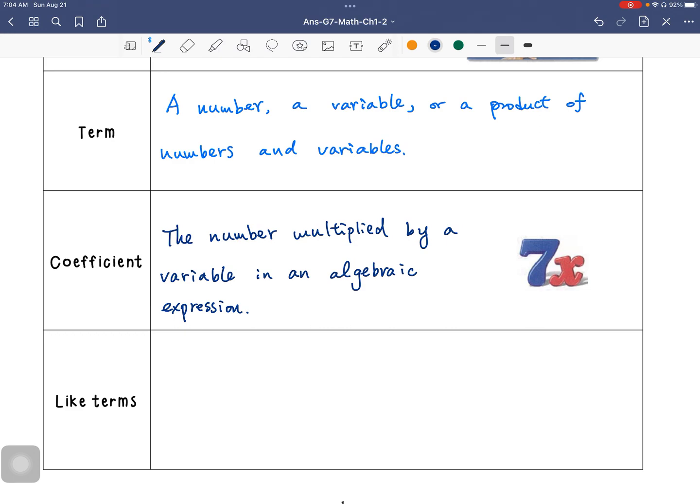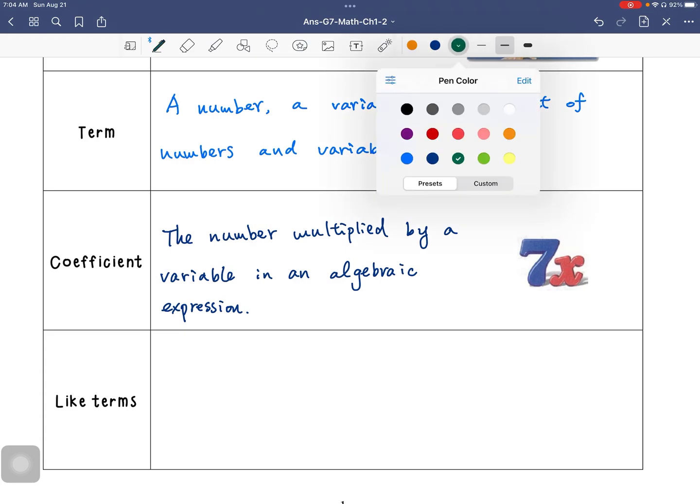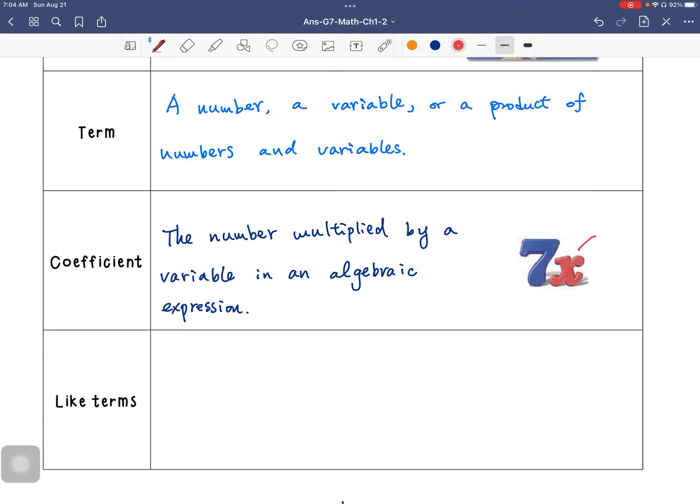So in 7x, x is the variable, so 7 is the coefficient.